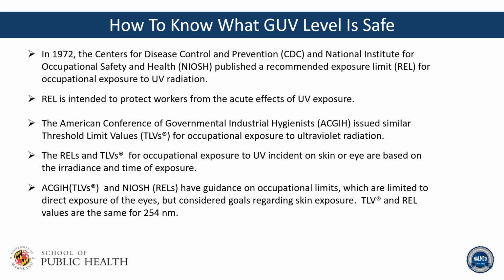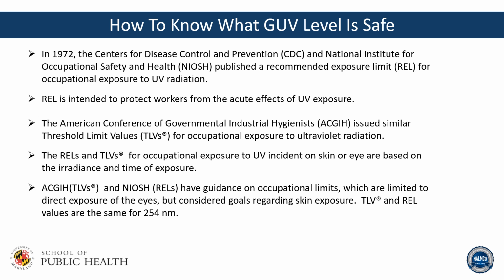The American Conference of Governmental Industrial Hygienists, ACGIH, issued similar values, which are called threshold limit values, TLVs, for occupational exposure to ultraviolet radiation. The RELs and TLVs for occupational exposure to UV incident on skin or eye are based on the irradiance and time of exposure.